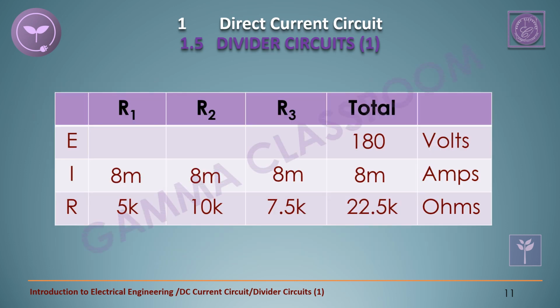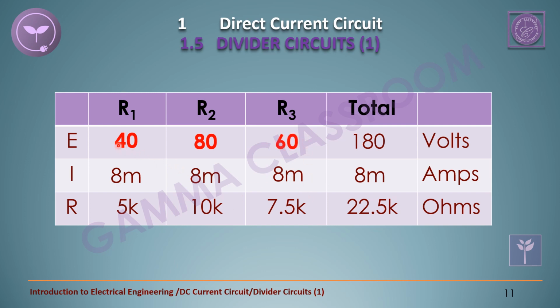We can use the same way to calculate the voltage drops, since the current has changed. Here we get 40 volts. 5 times 8 is 40 volts, and this is 80, and this is 60 volts.